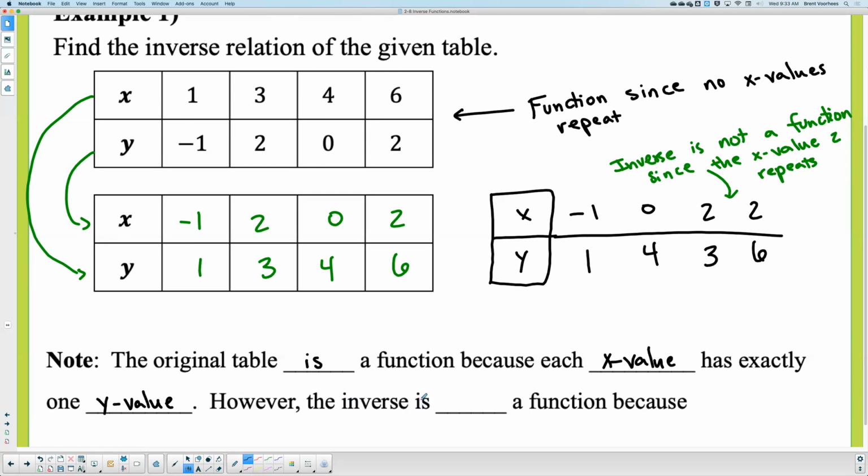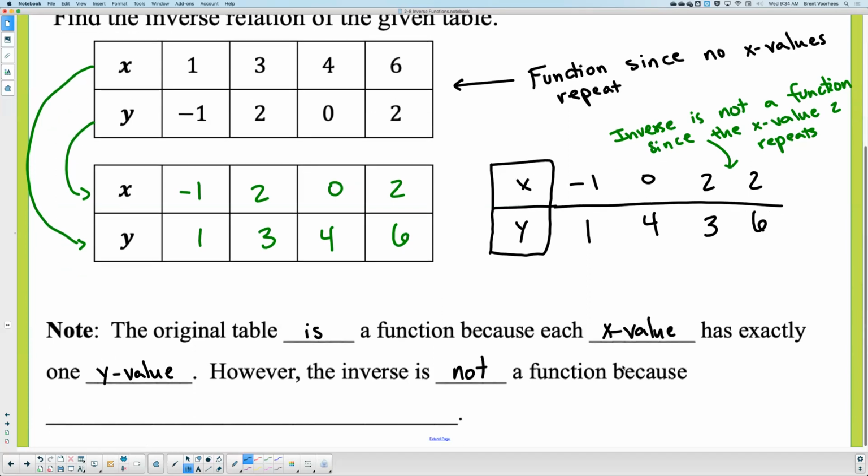However, the inverse is not a function because, right here, the x value 2 repeats. Meaning it doesn't have just one y value. The x value 2 has the y values 3 and 6.